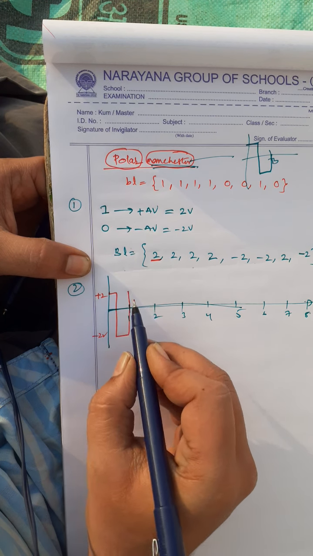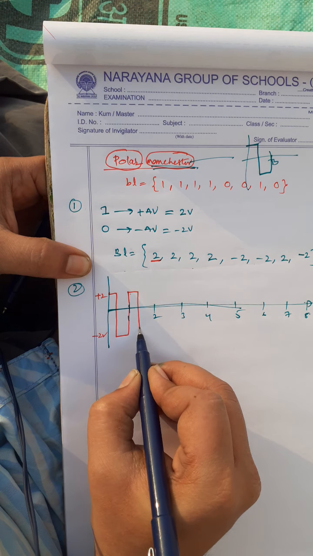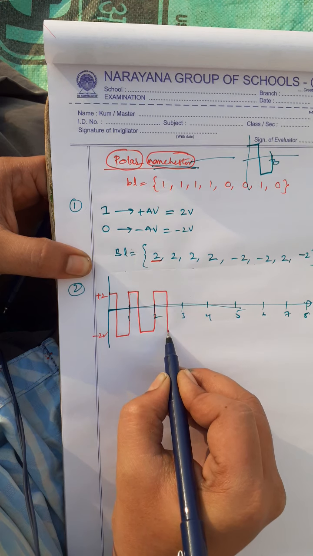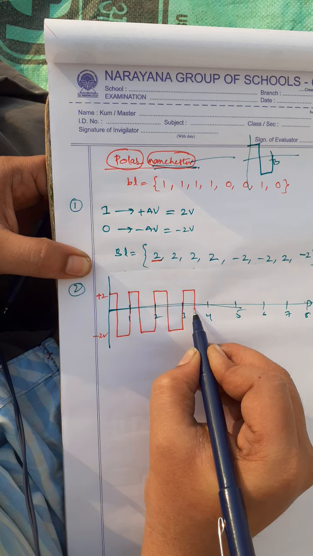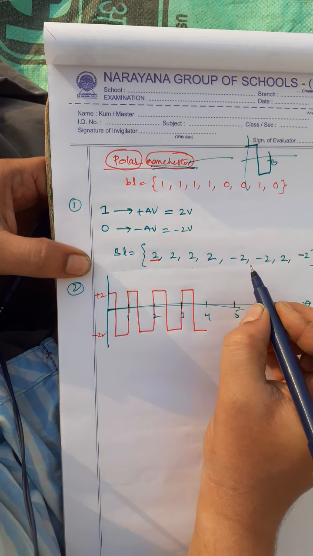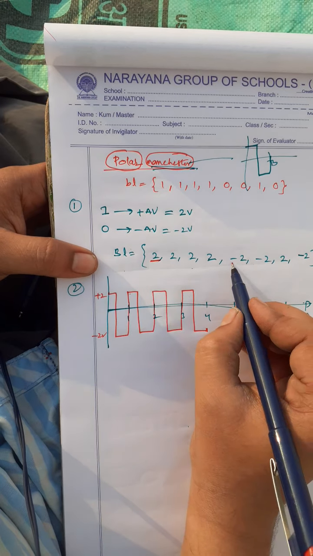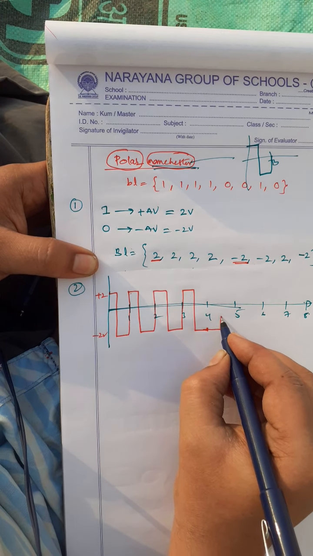Similarly, next see here, 4 TB duration is completed, fifth TB duration again minus 2, so it will be continuous up to TB by 2.